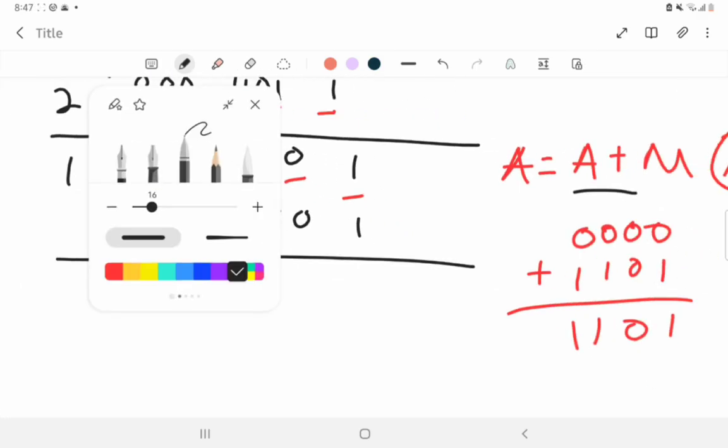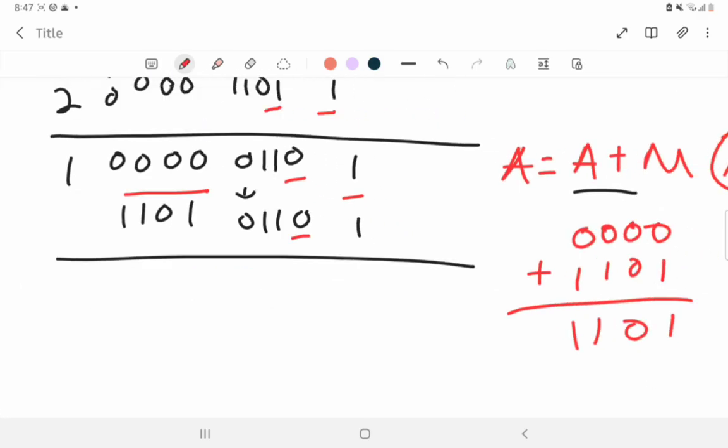And then we go to the next step. Q and Q minus 1. Oh, no. Remember we first have to shift them.